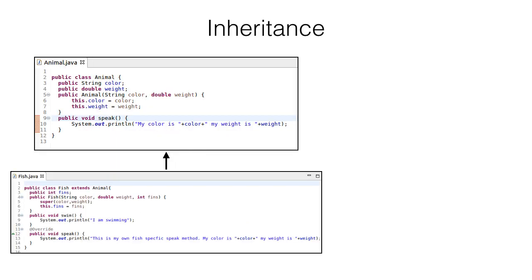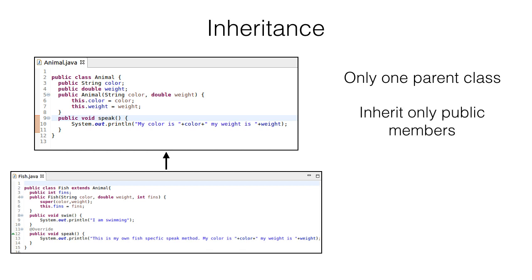Another important thing to note is that in Java, every subclass can have only one parent or superclass. It cannot inherit from multiple classes. Also, a class can only inherit public members of its parent. Attributes and methods marked as private cannot be inherited. Constructors cannot be inherited as constructors are not members.